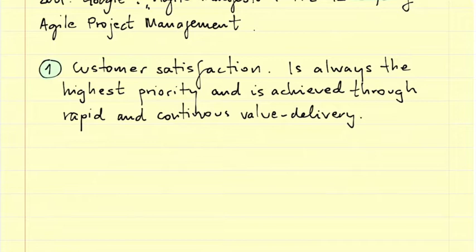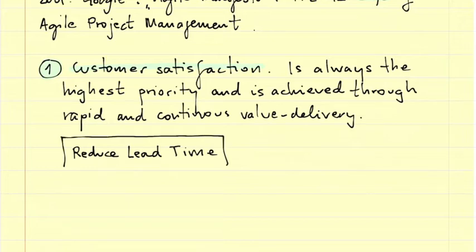This means the highest priority in agile project management is to reduce lead time. In German, Durchlaufzeit. Customer satisfaction is achieved through rapid and continuous value delivery.